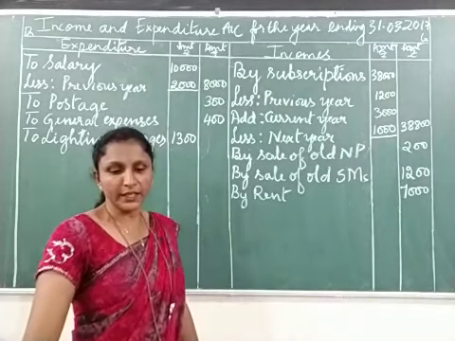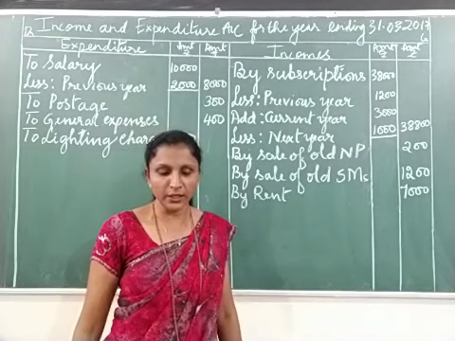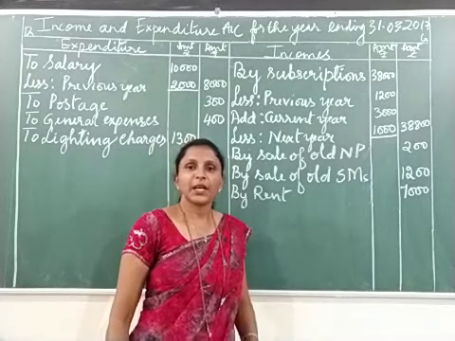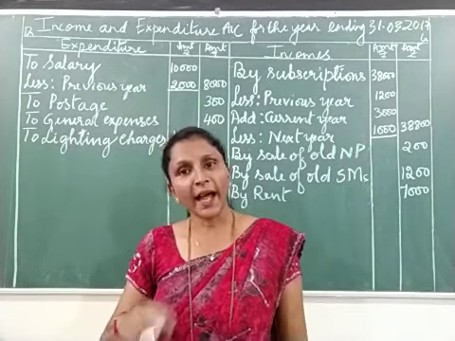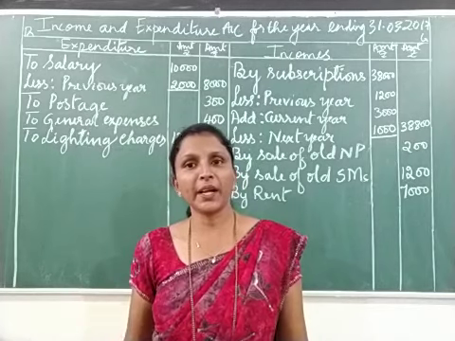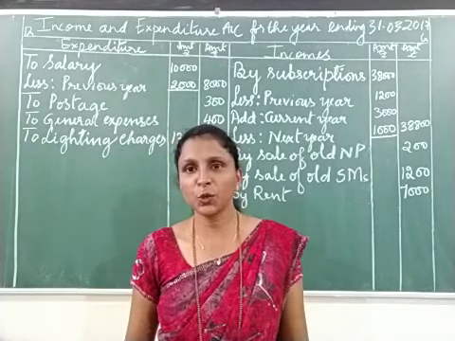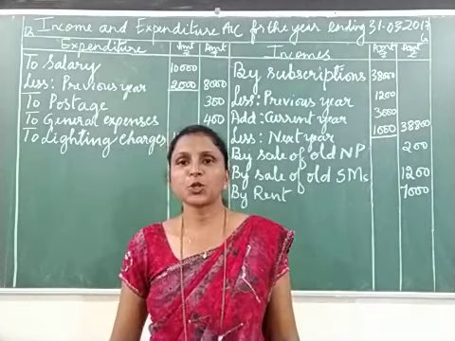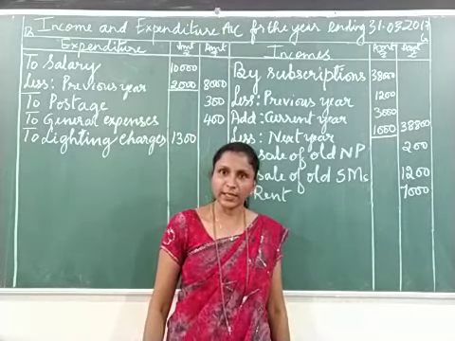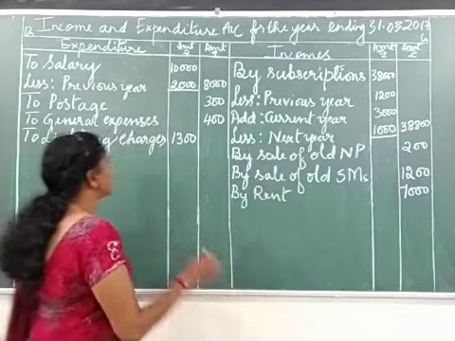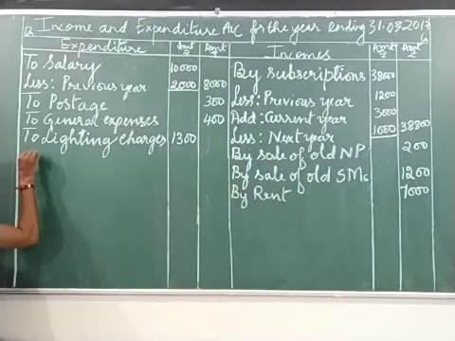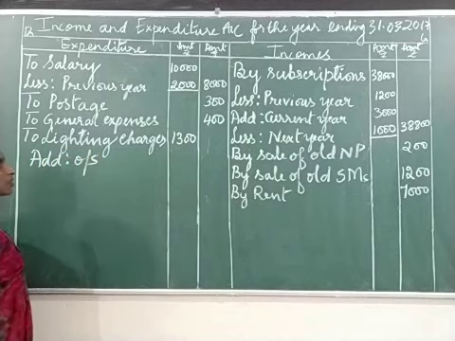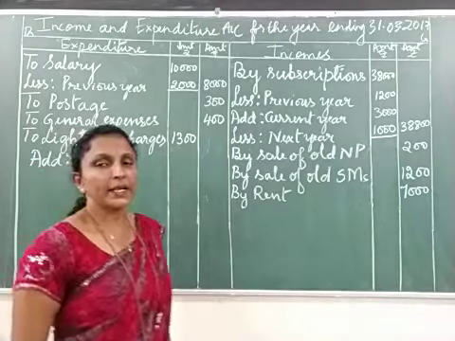And we have already ticked the adjustment number 5. What was it? Outstanding lighting charges. We studied last year. Any outstanding items added. Any prepaid items deducted. So that's opposite. Outstanding add, prepaid less. So it is outstanding, it is of the current year, so we are adding it. So add outstanding lighting charges. Write the full form.